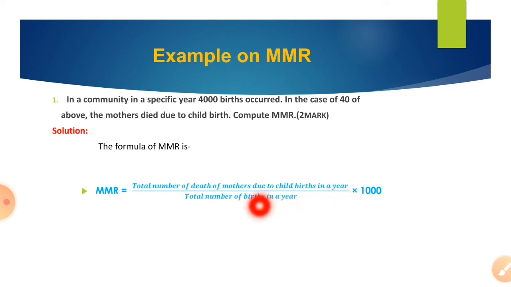To calculate MMR, we need deaths and total live births. Substituting the values, deaths is 40 divided by total live births 4000, into 1000. So MMR is equal to 10.